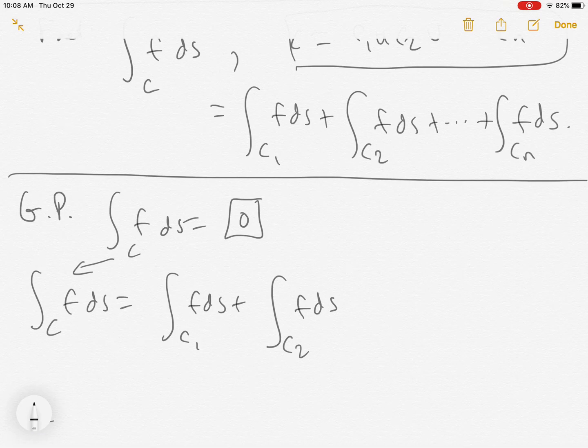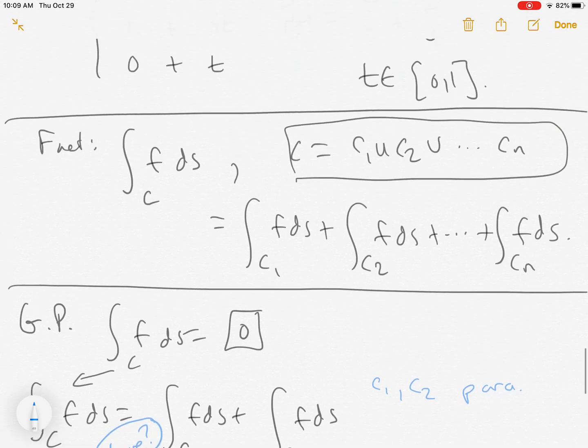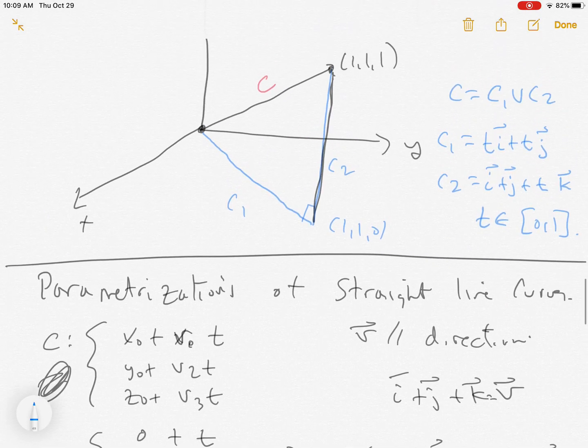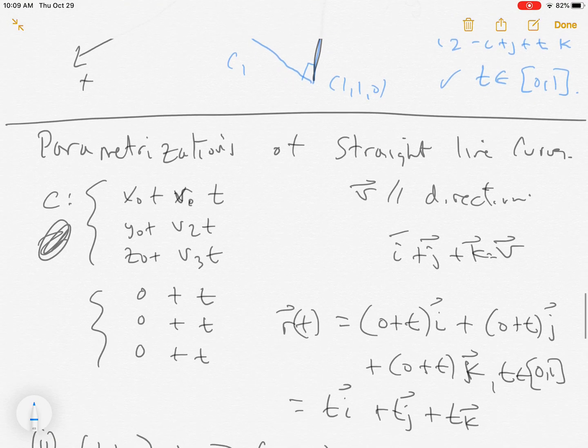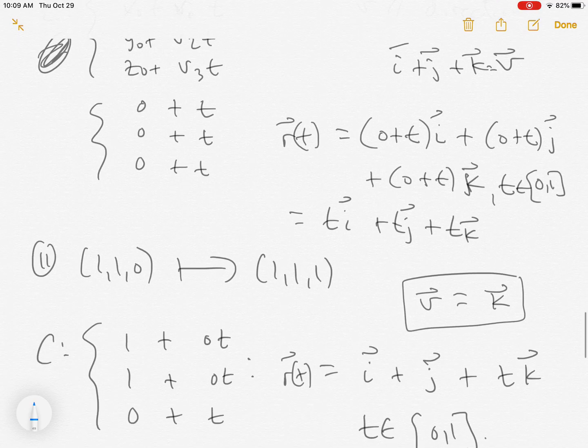Is this equality true? Just so I'm clear, you're going to parameterize C1 and C2, do these two integrals, and see if they add up to 0. I gave you the parameterizations for C1 and C2. You might do it yourself, using this construction, to make sure you know what happened there. And I'll see you in a minute.